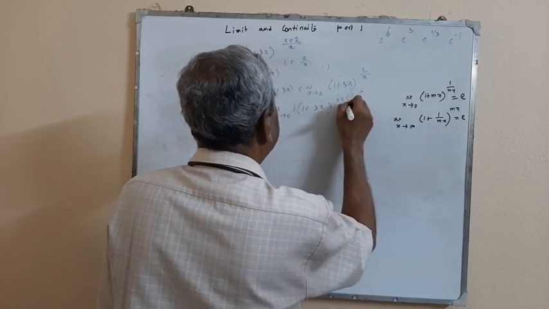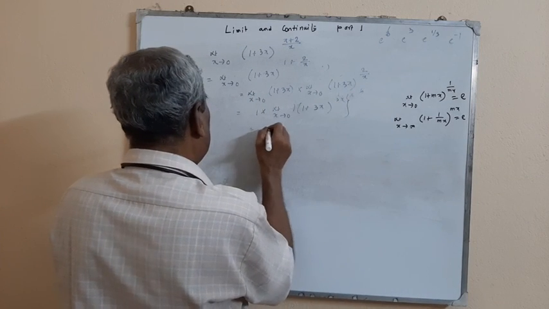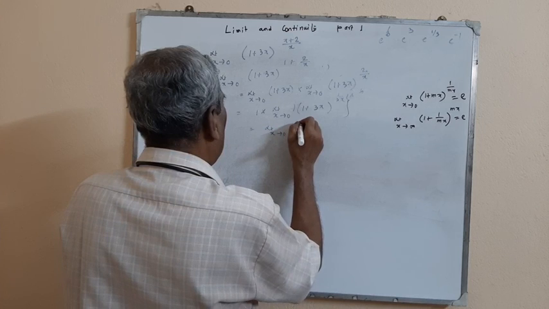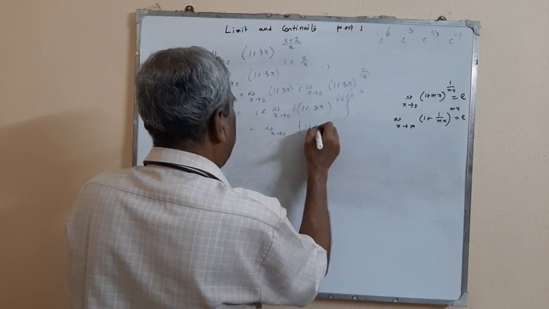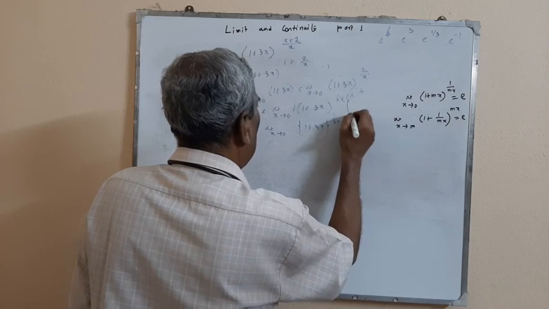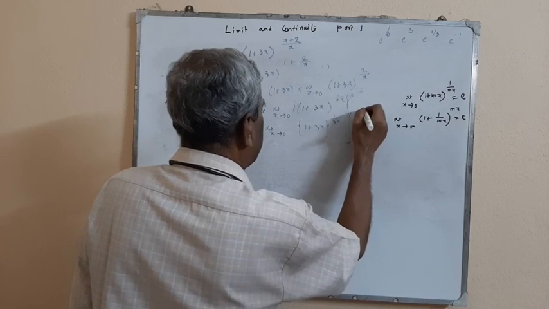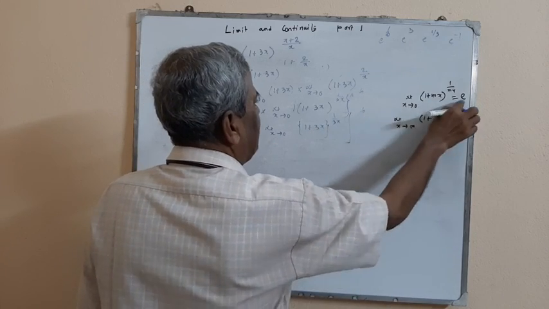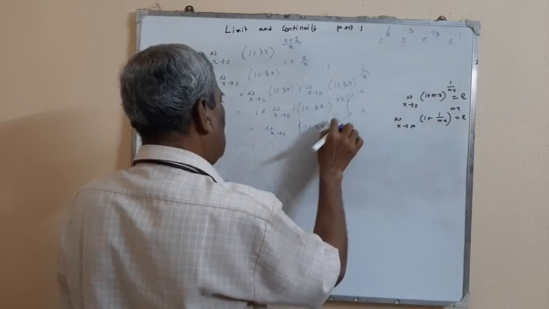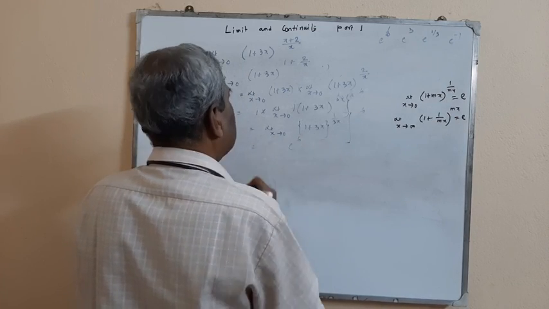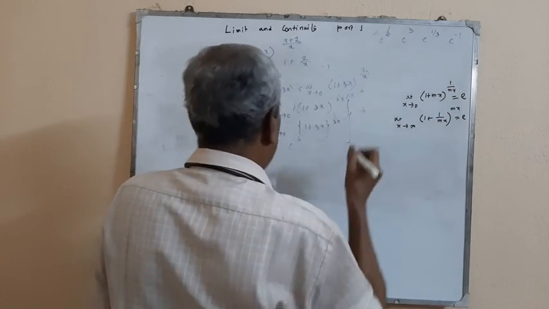Now this is equal to limit x tends to 0, 1 plus 3x whole to the power 1 by 3x whole to the power 6. Limiting value of this is of that type, 1 plus mx whole to the power 1 by mx, it is e. So e to the power 6 is correct. So this is the answer.